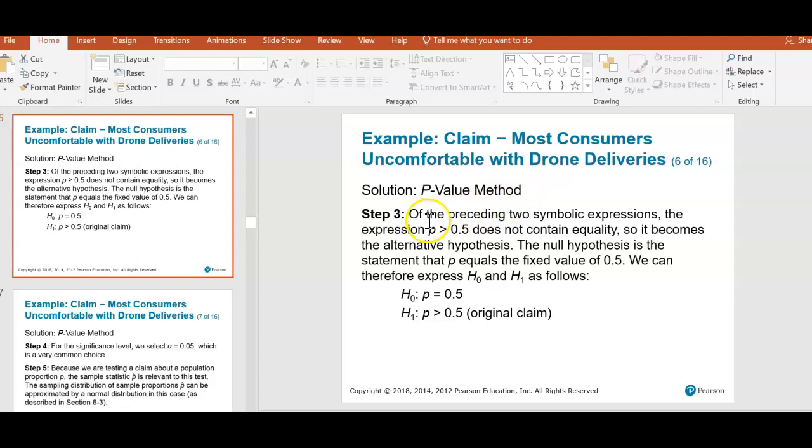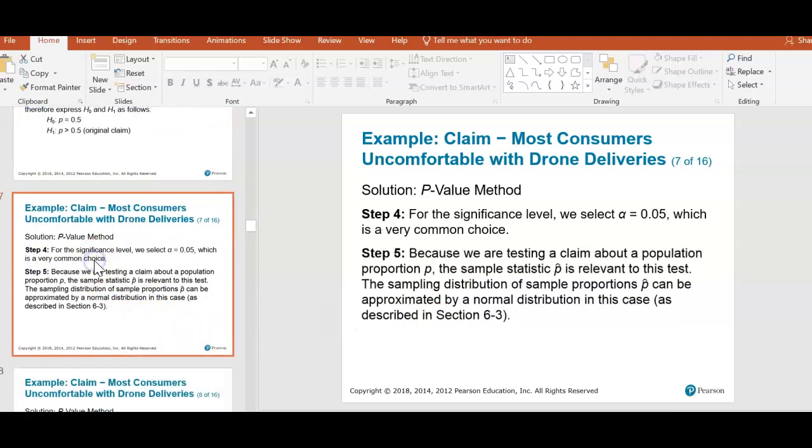Solution by the p-value method. The expression P is greater than 0.5 doesn't contain equality, so that becomes our alternative hypothesis. The null hypothesis is that P is the fixed value of 0.5. So our problem setup is P equals 0.5, with P greater than 0.5 as the alternative. That's what I used when I set up StatCrunch.